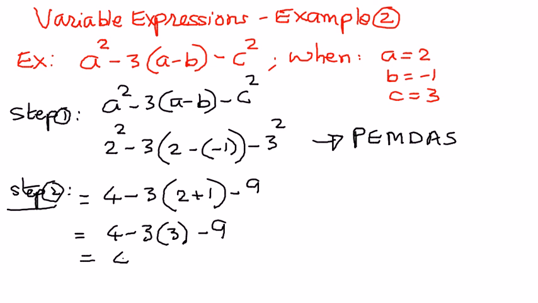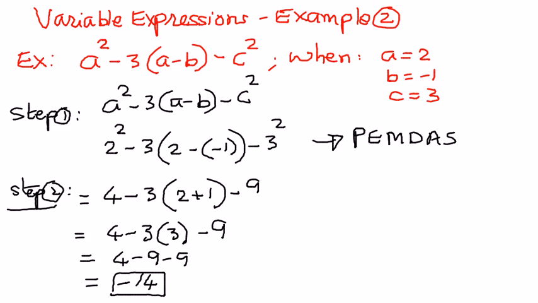So 4 minus 3 times 3 is -9, minus 9. So therefore, when we simplify this some more, 9 plus 9 is going to be 18, -18, and then plus 4 will be equal to -14, and this is where we want to leave it.